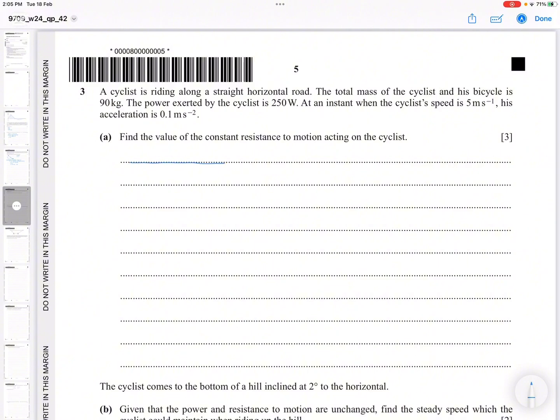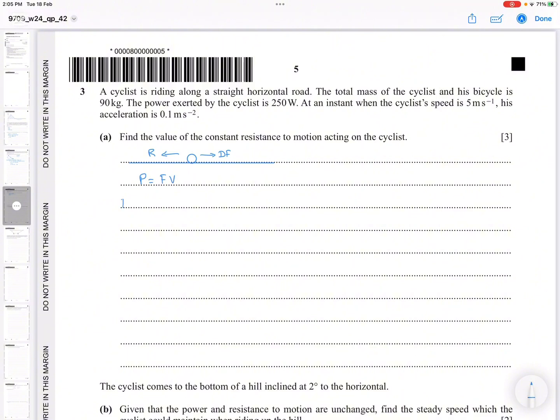So suppose this is the road and here is our cyclist. So this is our driving force and opposite is our resistance. So use the formula of power equals force into velocity.